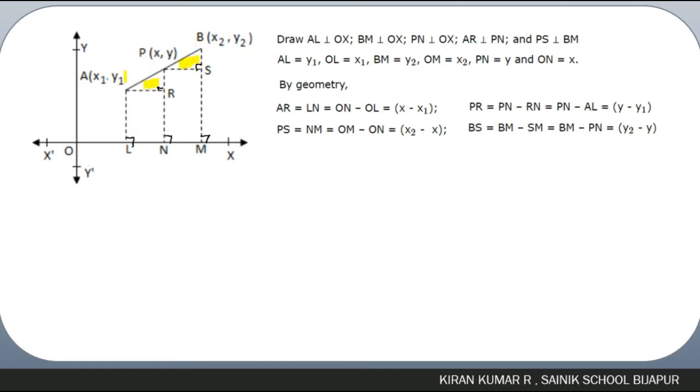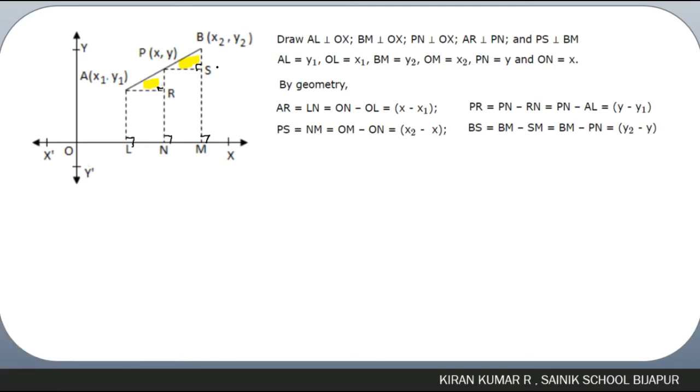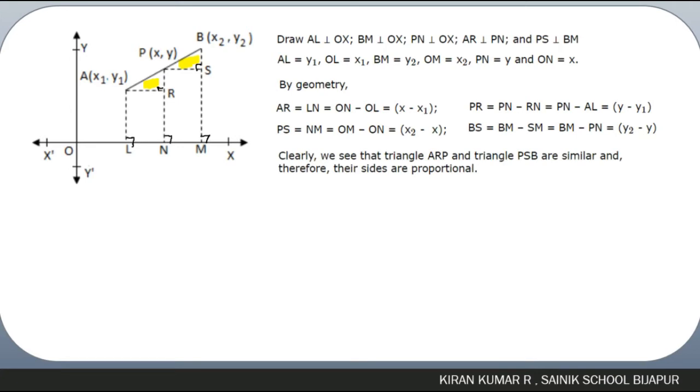Here we have two 90 degree angles, and these two angles are equal to each other, as they are corresponding angles. By AA similarity, I can say that triangle ARP is similar to triangle PSB. So their sides are proportional.